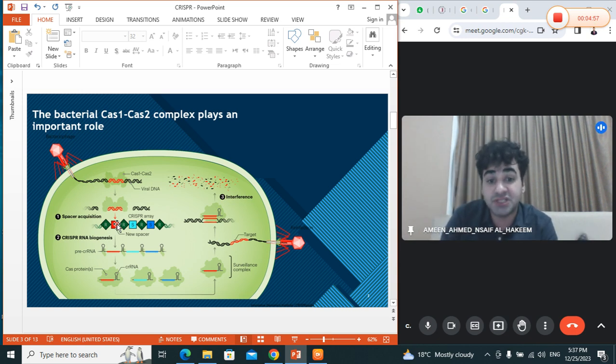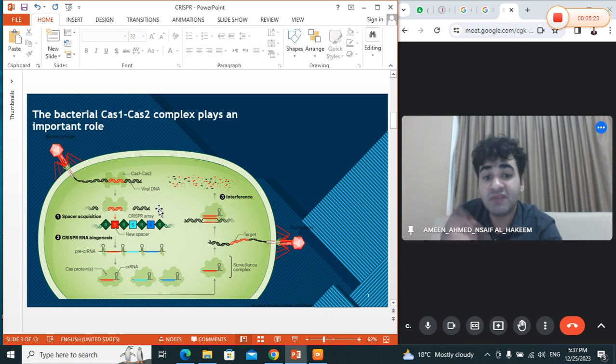Expression and processing involve two steps, transcription and processing. The CRISPR array is transcribed into a long precursor RNA molecule, while the processing proceeds to smaller CRISPR RNA, as we can see for the CRISPR array. Then it is processed into crRNA, as we can illustrate in the next slide, by enzymes.